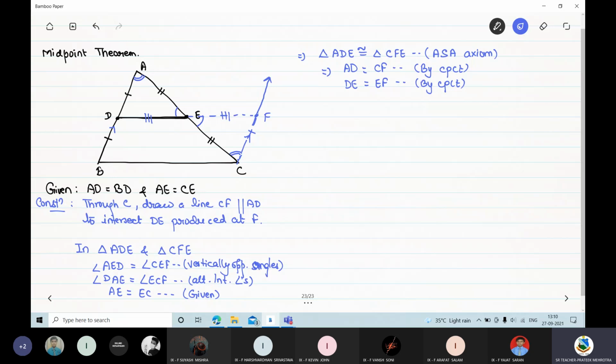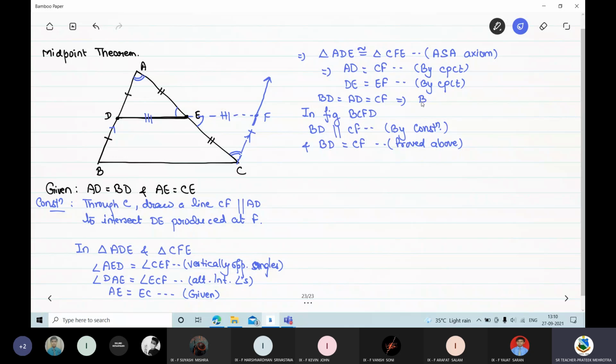Now, if you see the figure BCFD, we know that BD is parallel to CF. This is by construction, because we have already constructed that these two lines are parallel. And BD is now equal to CF. This is proved above, because BD is equal to AD and AD is equal to CF.